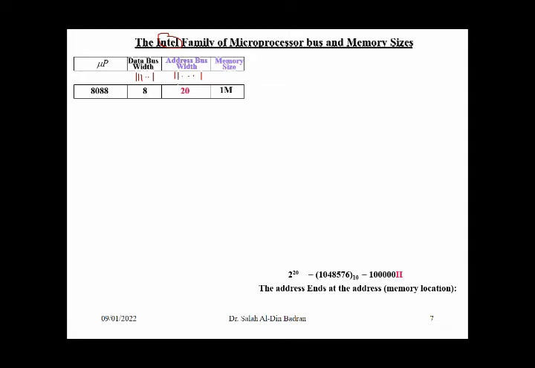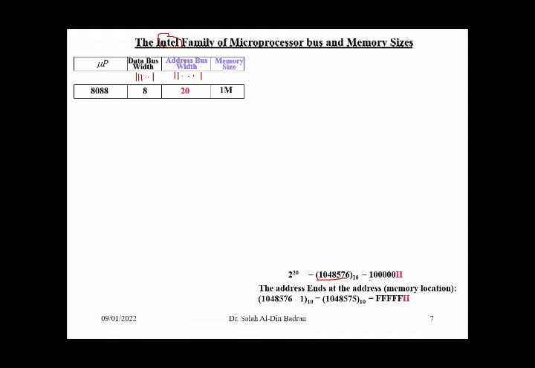So we have addresses of 20 bits. What does that mean? See, we will subtract this decimal number minus 1. The result is this number, and in hexa is this number: 5 Fs.